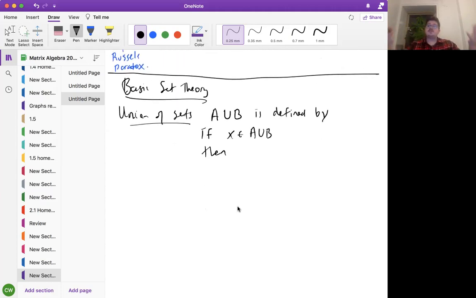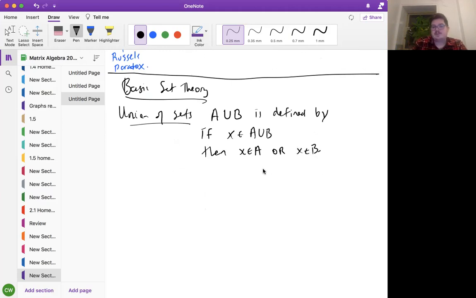If you have an X in the union of two sets, what must be true about X? Right, that means X is in A, or, not both, just or, X is in B.